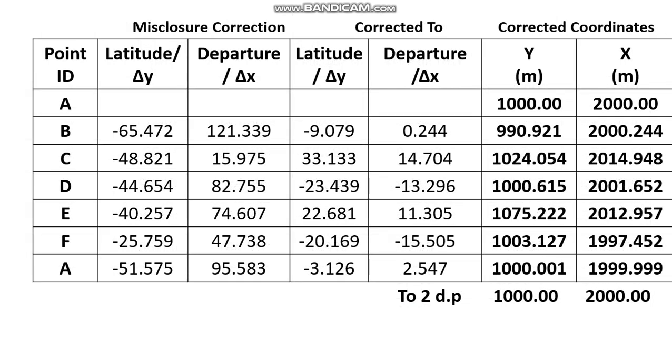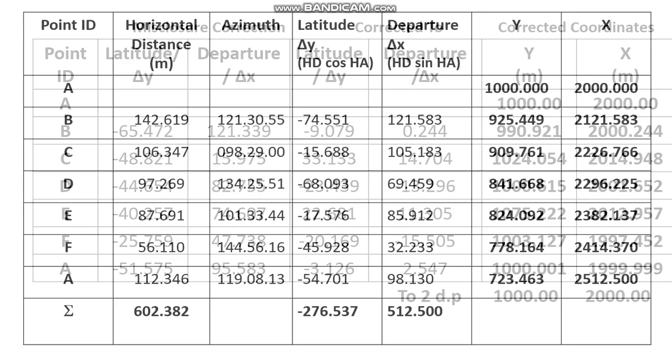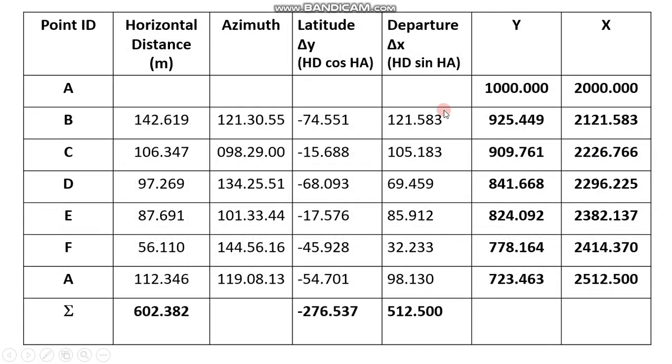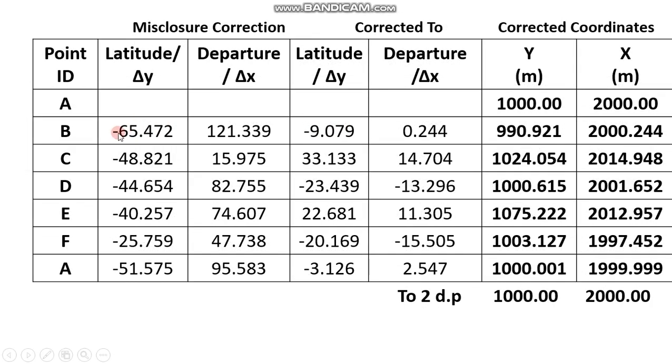After that, we now want to find the corrected latitude and departure. For B, we take our latitude that we found at the start, negative 74.551, subtract the misclosure correction, negative 65.472, and we get negative 9.079.